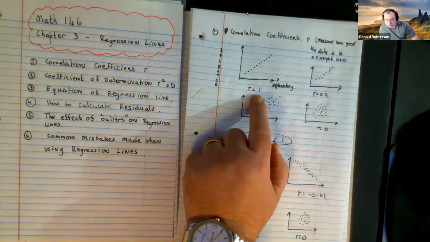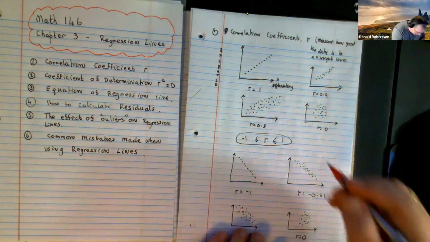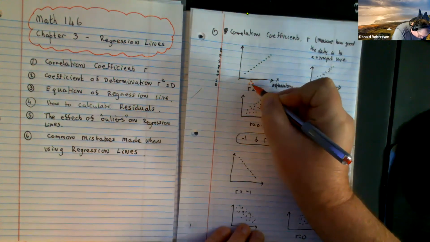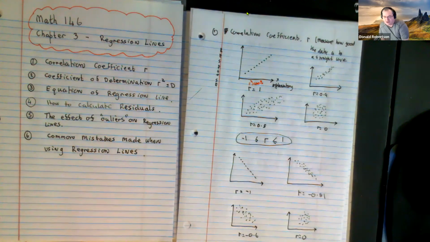So if R is 1, R squared is 1, but you normally don't write R squared as a decimal. It's normally converted into a percentage. So R squared would be 100% fit. In other words, 100% of the data fits a straight line.